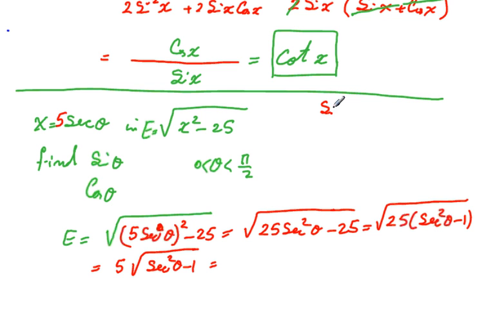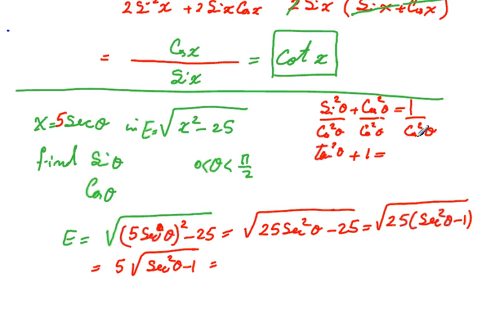Let's just repeat to ourselves what it was. Sine squared plus cosine squared equal to 1 was our main identity. How can I create a secant out of it? If I divide everything by cosine square, I'll have tangent square of theta plus 1 is equal to 1 over cosine square, which is secant square of theta.